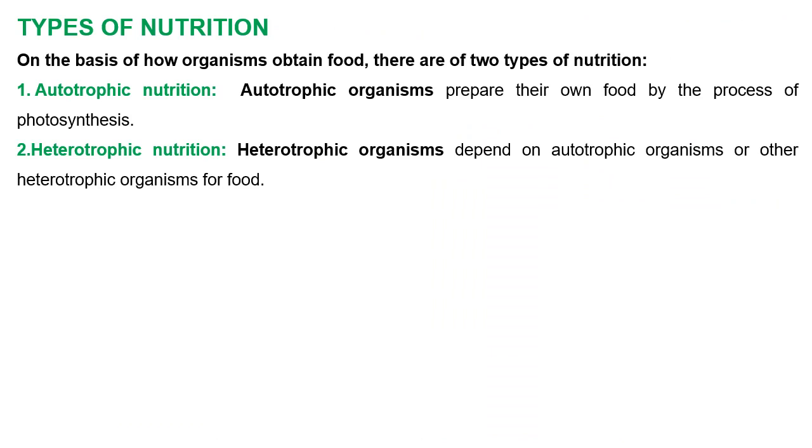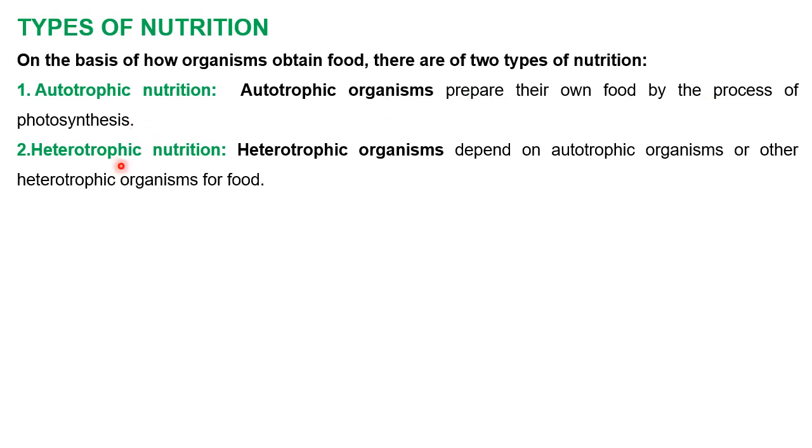Now, types of nutrition. What are the different types of nutrition? On the basis of how organisms obtain food, there are two types of nutrition. First one is autotrophic nutrition. Autotrophic organisms prepare their own food by the process of photosynthesis.